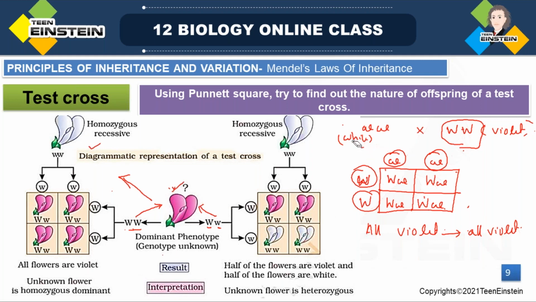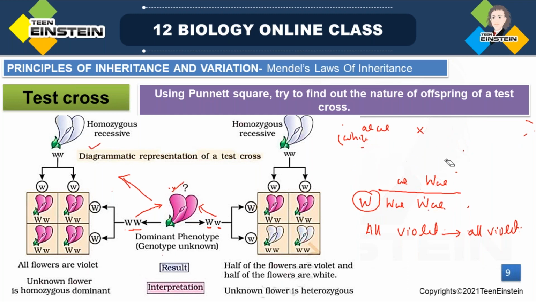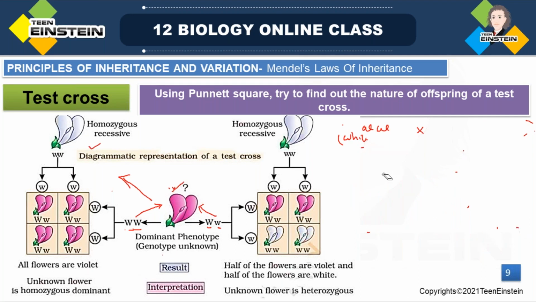Next, which is the next condition? Here, the white color flower is fixed. We are going to cross it with the recessive one, right? So the next chance is the heterozygous dominant condition. This is a violet flower, right?